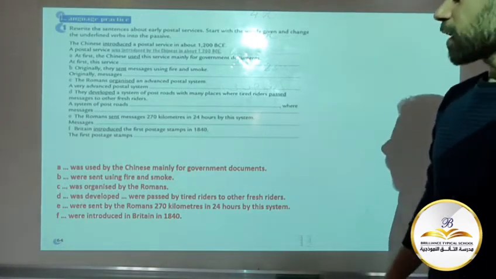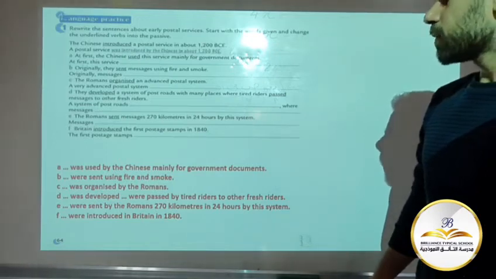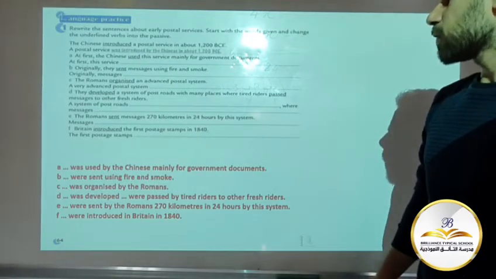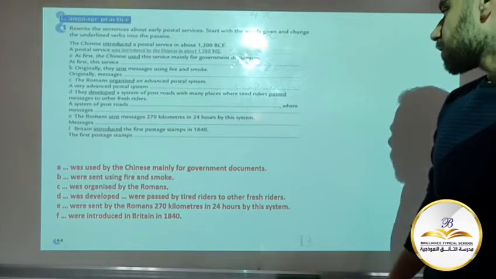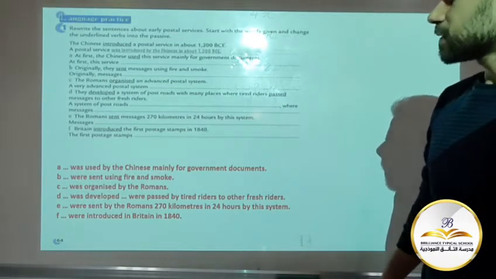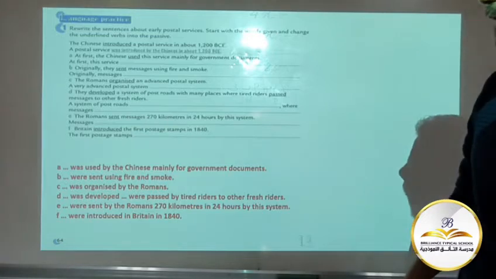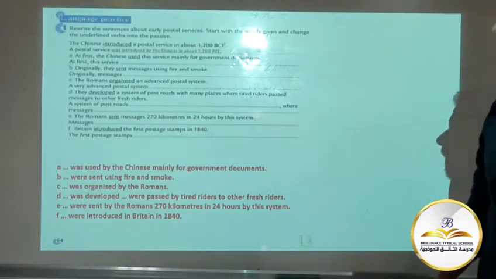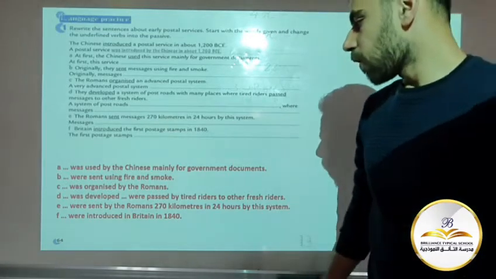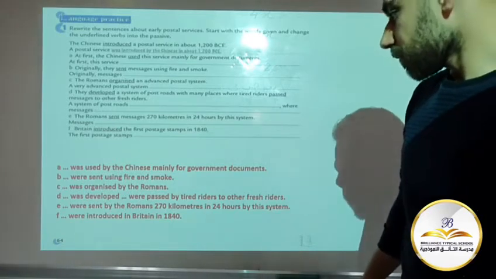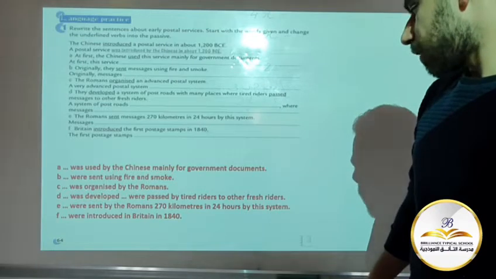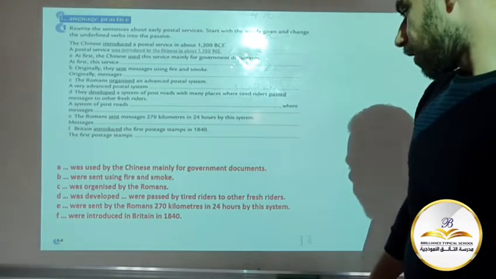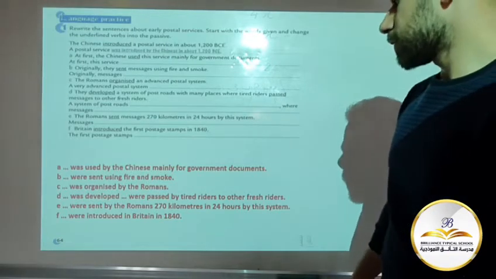And the next one: they developed a system of postal roads with many places where tired riders passed messages to other fresh riders. We are going to say a system of postal roads was developed, and messages were passed by tired riders to other fresh riders.